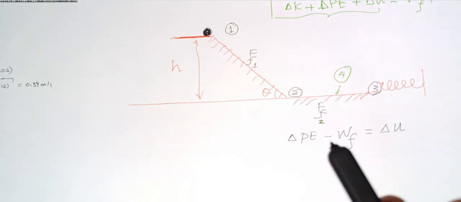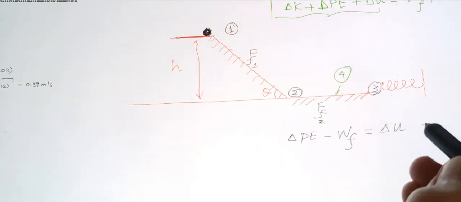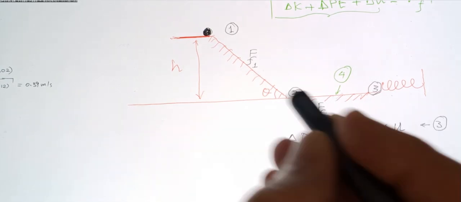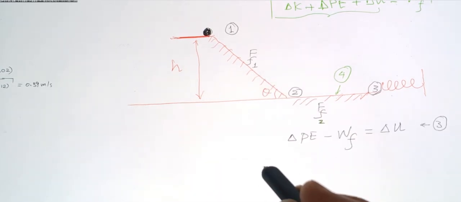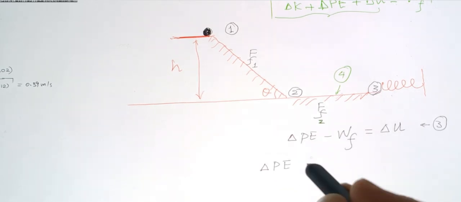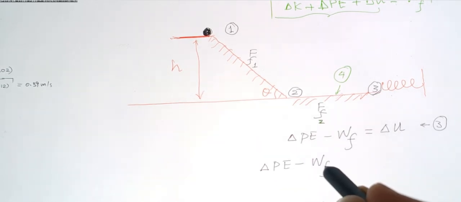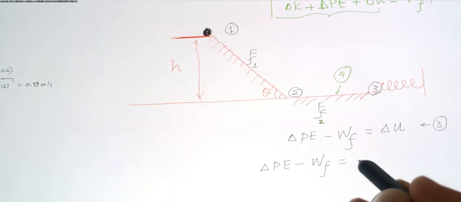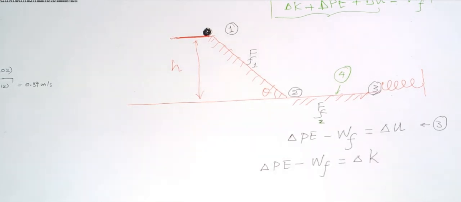Okay, at point 2, for example, let's write this as point 3. Okay, let's talk about point 2. About point 2, change in potential energy minus energy loss due to friction is equal to change in kinetic energy. And this is at point 2, because the potential energy at that point will be transferred to kinetic. Exactly, minus the energy loss due to force of friction 1.